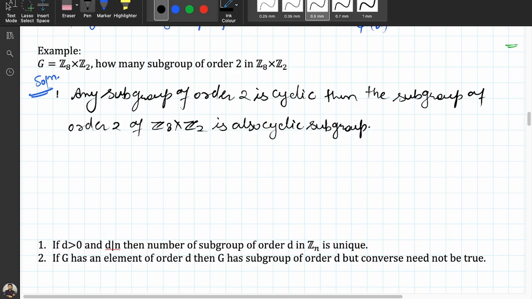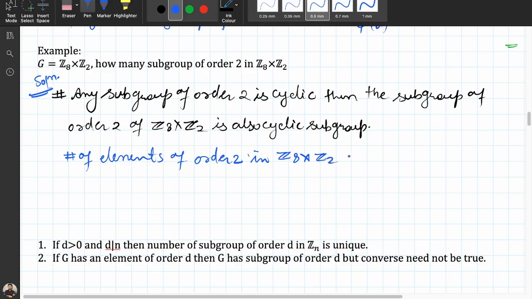You can take this as one more result: any subgroup of order 2 is always cyclic. So now I want to calculate the number of cyclic subgroups of order 2. First, I want to calculate the number of elements of order 2 in Z8 cross Z2. How? The divisors are 1 and 2, and 4 and 8. The divisors of this are 1 and 2. Now take the LCM of the pair.